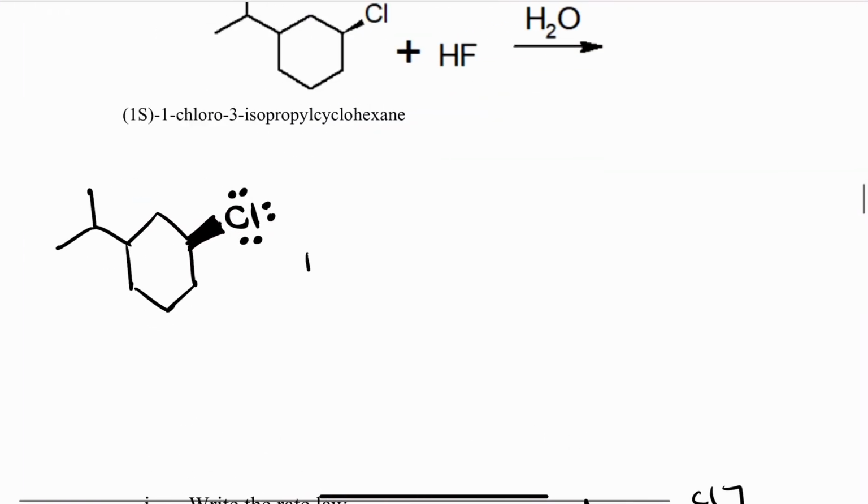Now you want to draw the nucleophile. Here for Sn1, it's a hydrogen bonded to a fluorine. And a fluorine is exactly like a chlorine. Chlorine, fluorine, bromine, and iodine all have 7 electrons around them.